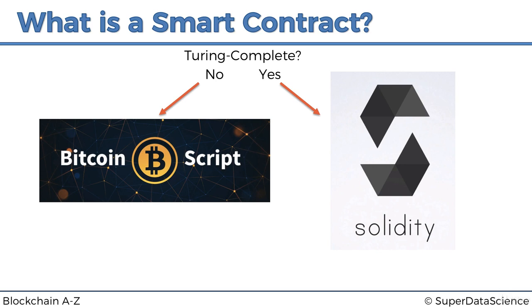Well, why is Bitcoin Script not Turing complete and Solidity is Turing complete? Well, because in Bitcoin Script there is one component that is missing, a very important component, and that component is called loops. If you're familiar with programming languages, you know what loops are. You know, the for loop or the while loop, that type of thing.